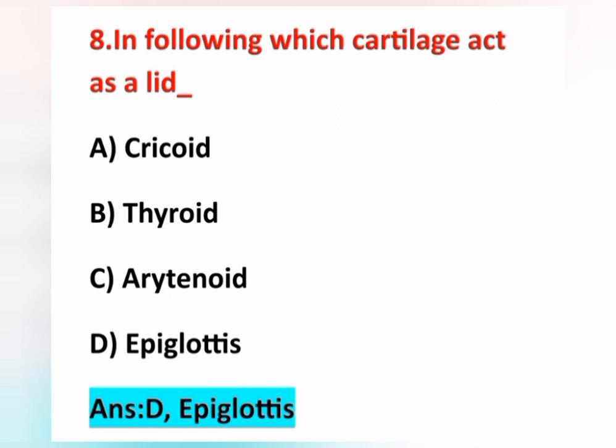The epiglottis acts as a lid because it closes up the larynx during swallowing of food, and it opens during the passage of air. Option D epiglottis is the correct answer.